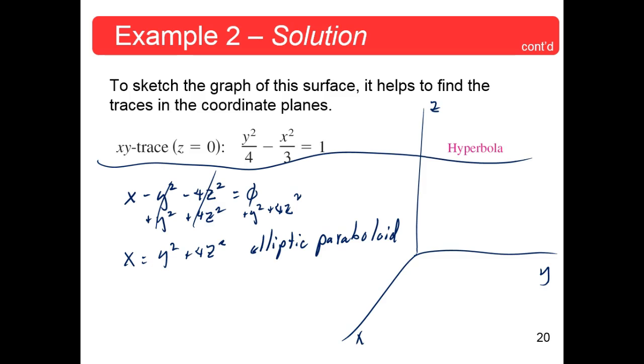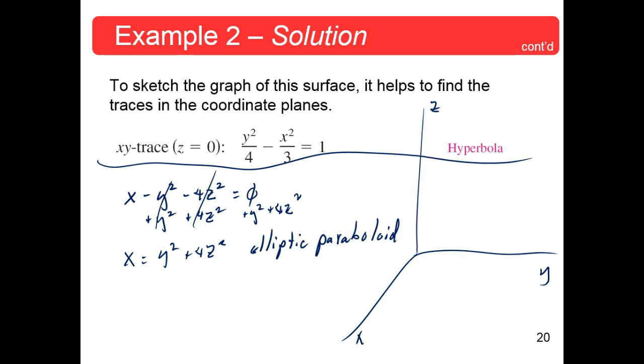Positive, because that's squared and that's squared. This is always positive, right? No way this could be negative over here. So you're not going to have any negative x's. So I don't even have to draw the axis back here.